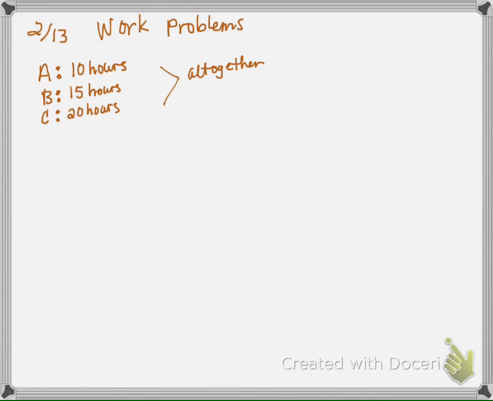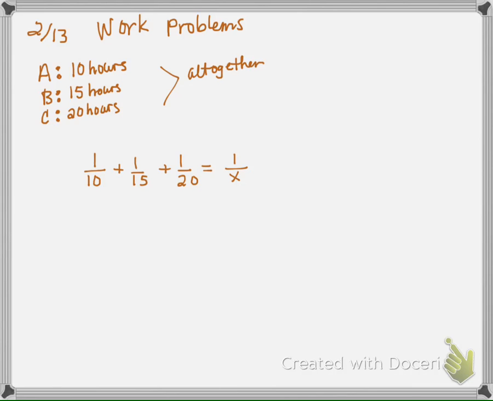So what would that look like? 1 over 10 for machine A. How about machine B? 1 over 15. And machine C? 1 over 20. And if all 3 of those work together, that means we're adding them. They would do one job in, I don't know, that's where we get our x. Does that make sense? So there's your setup.